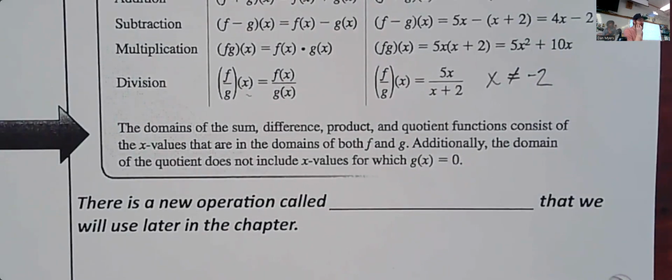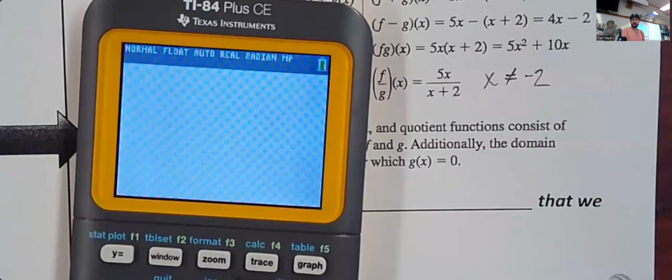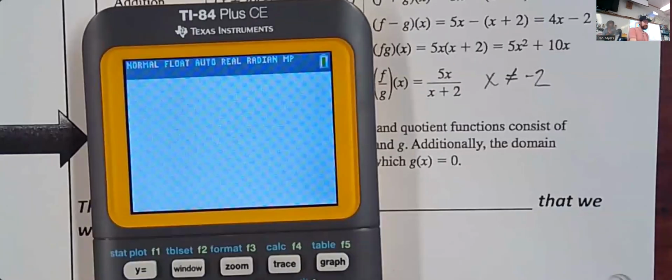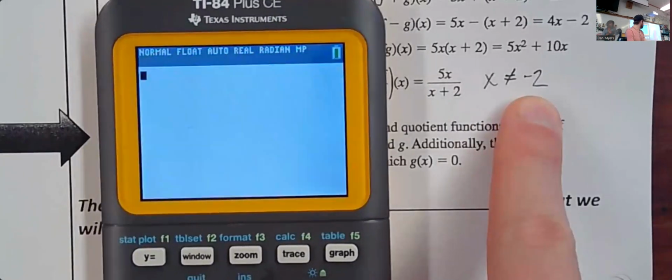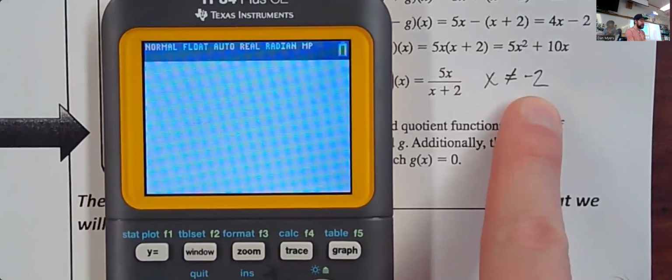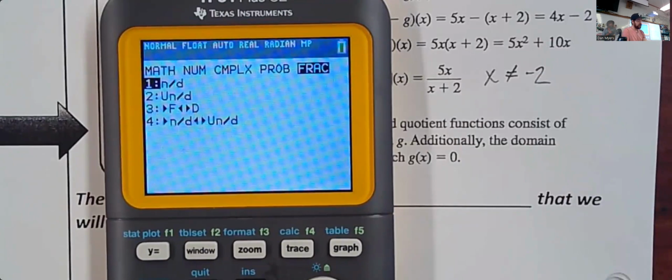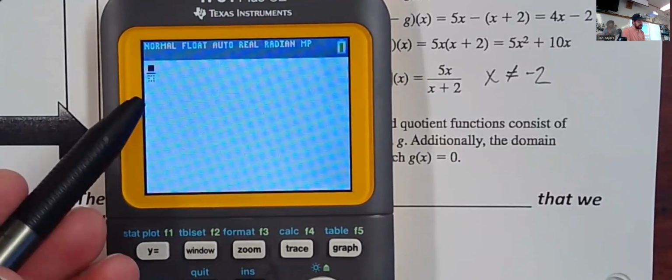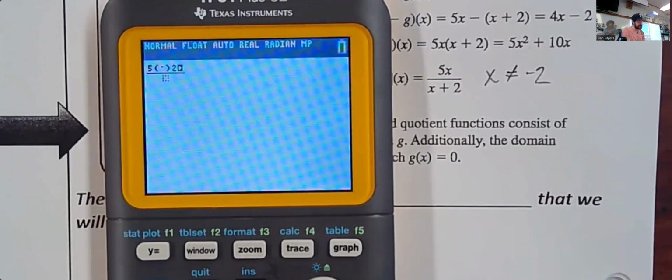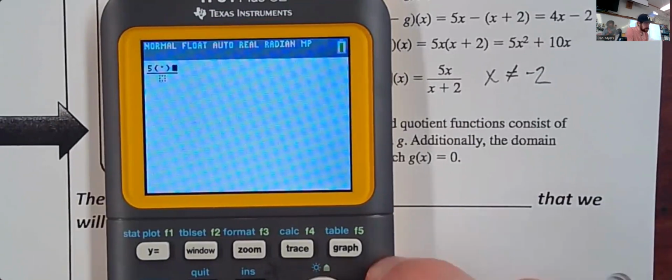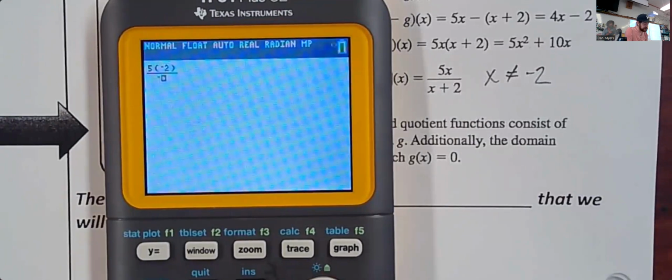Does anybody know why? Or actually, get your calculators out for a second. Let's figure this out. So if we use -2, we're saying x cannot equal -2 here. So if you set up a fraction, you go to your math button, scroll over to fraction, open up a fraction, and you can type in 5 times -2 over, oops, it should be -2 in the parentheses, -2 over -2 plus 2.